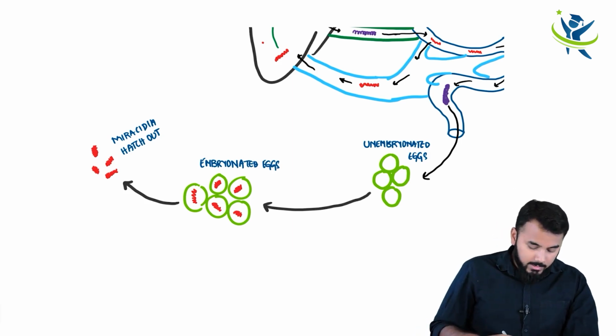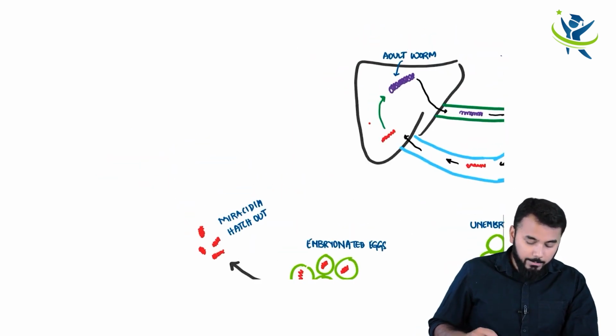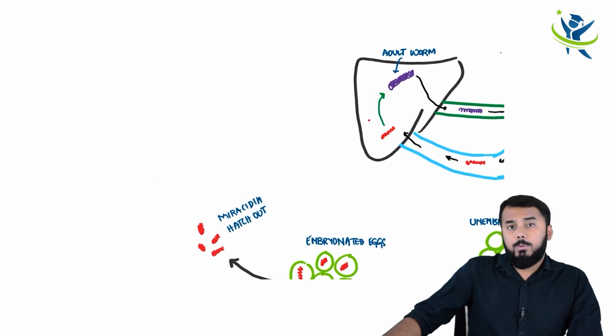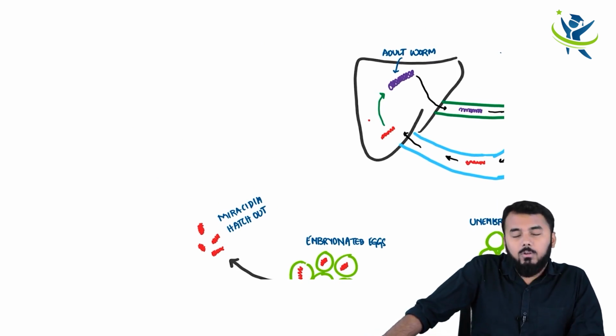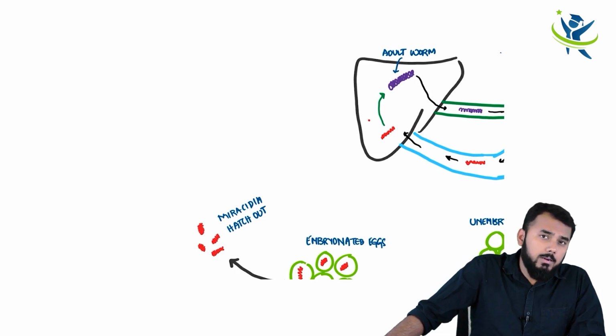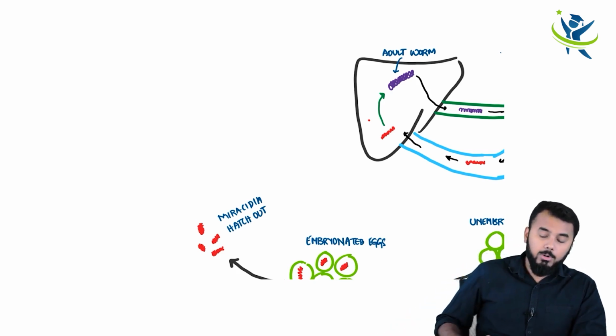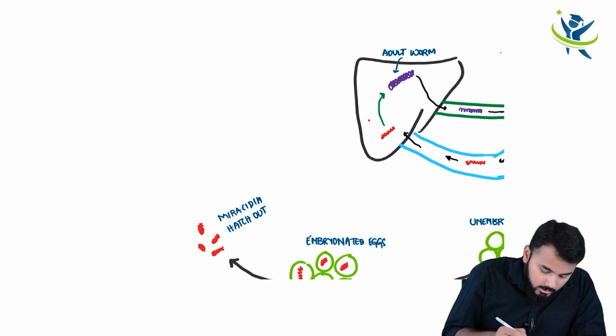Now once miracidia hatch out, they will enter into the primary intermediate host. In this cycle of Fasciola hepatica, the primary intermediate host was the snail. I told you before, right?